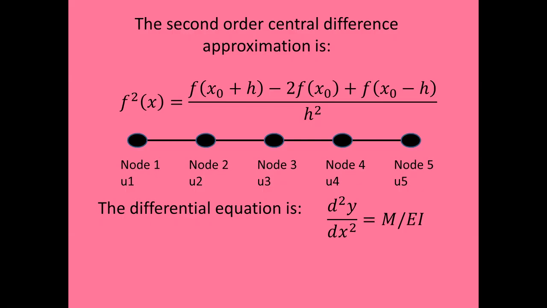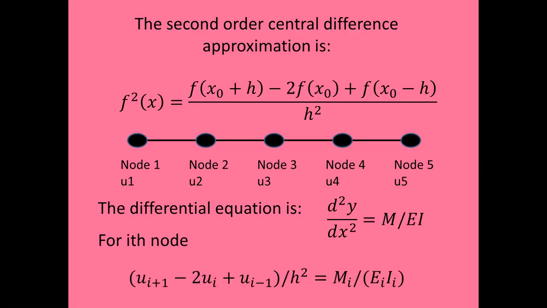We are going to apply the second order differential equation to 3 nodes: node number 2, node number 3 and node number 4. So when the differential equation is applied for the ith node, the equation we get is u(i+1) minus twice u(i) plus u(i-1) is equal to M(i) divided by EI.